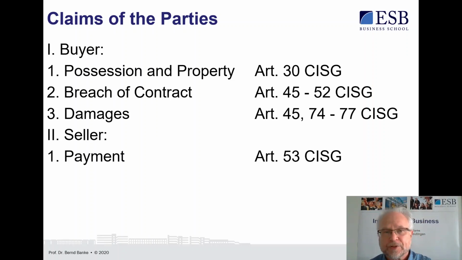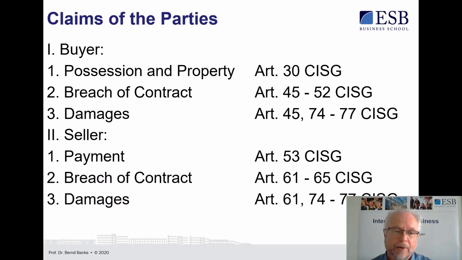Very same structure with the seller, because he or she first of all wants payment. But if they don't get the payment, or they get the payment too late, or not the correct interest rates, or whatever, they might ask, oh my God, do I get damages for that? Can I ask for interest because I had to take a loan for all of that? And that's it, okay? Good.